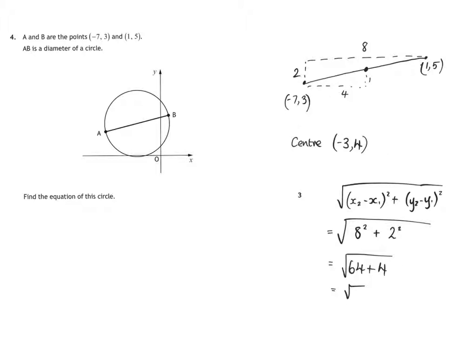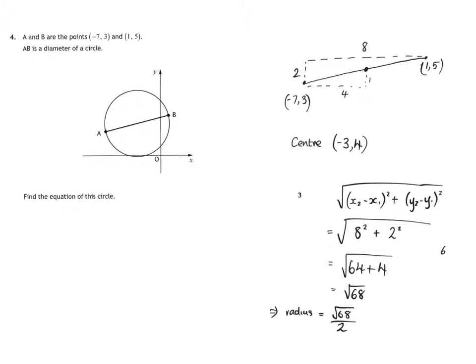So we get the square root of 68, and that's the whole diameter, so we need to find half of that. Therefore the radius is equal to the square root of 68 divided by 2. Here the good thing to do would be to simplify that square root of 68.